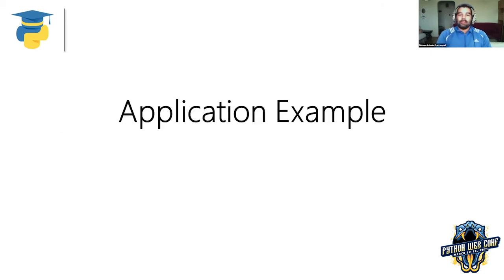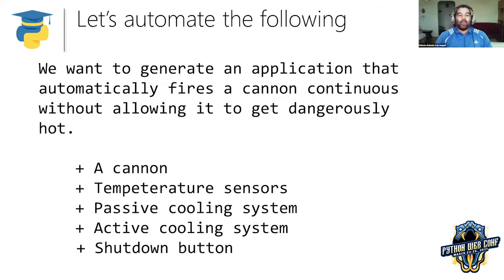Okay, let's see now an example of such an application, such an automation in Python, or more specifically in Rackio. Let's suppose we want to automate the following. We want to generate an application that automatically fires a cannon continuously without allowing it to get dangerously hot.